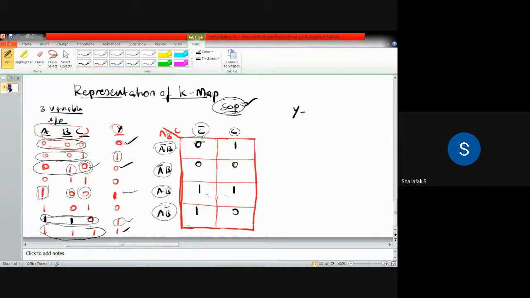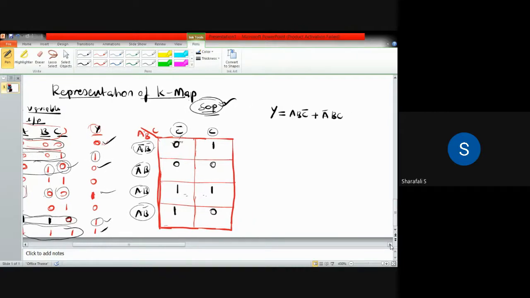Let us consider some output y equal to A B C bar plus A bar B C plus A B bar C bar plus A B C. So this is just representing an output y, converted into SOP form, and this output will be equal to 1.